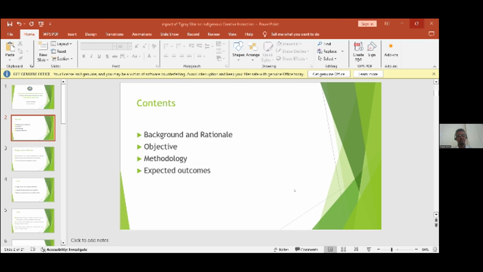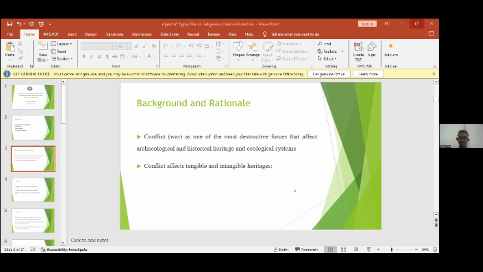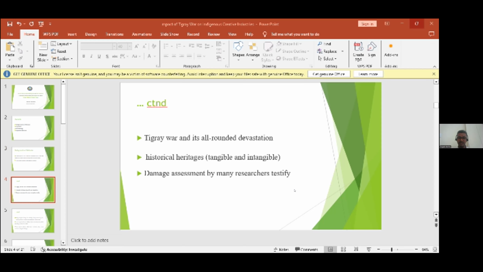As we know, conflict or war is one of the most destructive forces against heritage, and it impacts both the physical heritage and the intangible heritage embodied within it. The Tigray war devastated every aspect of our lives, and one of the impacted parts is the historical heritage, both tangible and intangible.